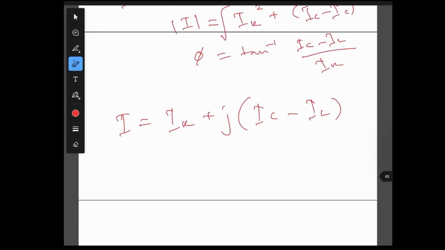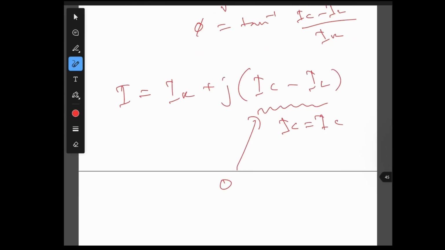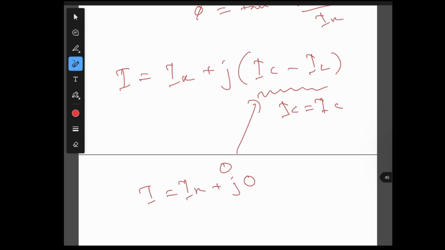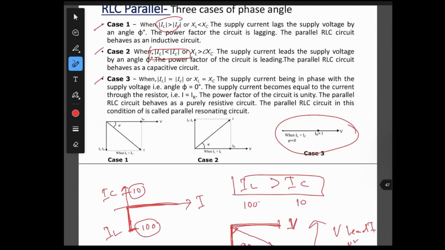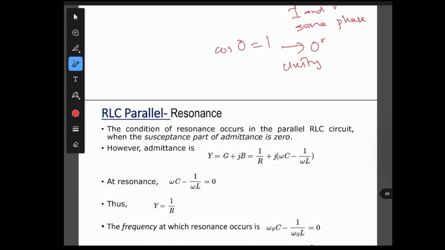When IL equals IC, this part becomes 0. I equals IR plus J0. So 0 imaginary means that only the real part exists.